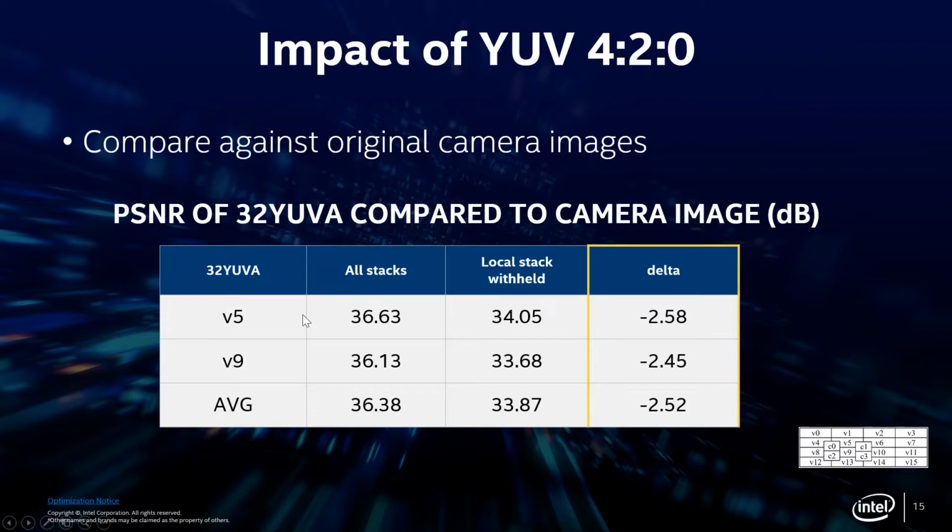And so you can see that there is a drop in quality here, especially if you compare us withholding the local stack, but this is what you would expect, because we basically have removed information about the scene from the renderer, and it has to do a bigger guess on what the viewpoint interpolation actually is. But the good result is that these are all still reasonable viewpoint interpolation quality levels, even though we've moved from RGB to YUV for the color texture.